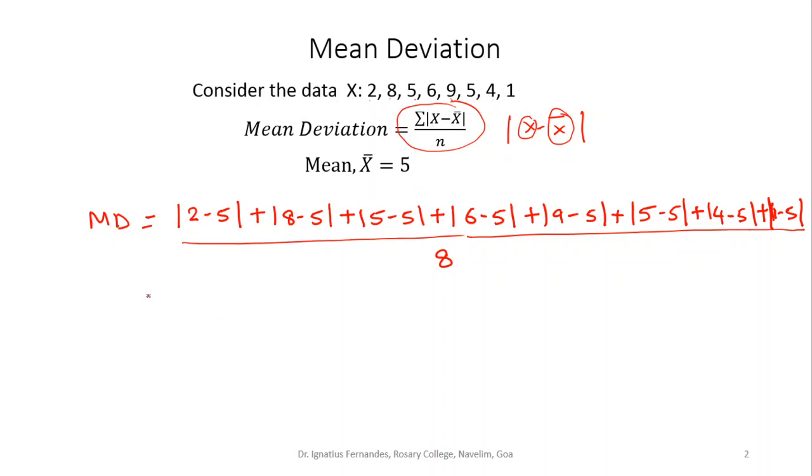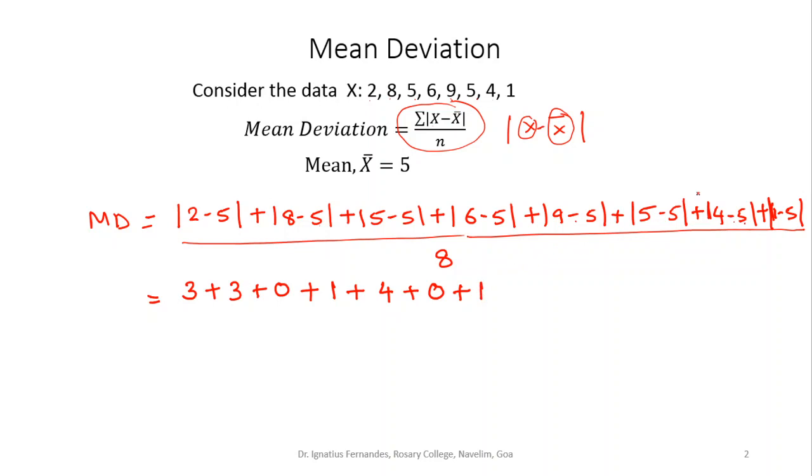Now, 2 minus 5 is minus 3, with the absolute value it is plus 3, plus 8 minus 5 is 3, its absolute value is 3, plus 5 minus 5 is 0, plus 6 minus 5 is 1, absolute value is also 1, plus 9 minus 5 is 4, absolute value is also 4, plus 5 minus 5 is 0, plus 4 minus 5 is minus 1, its absolute value is plus 1.